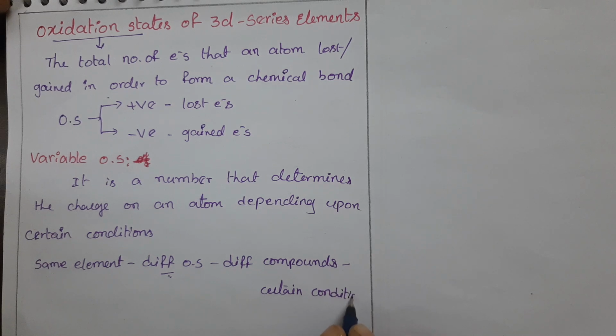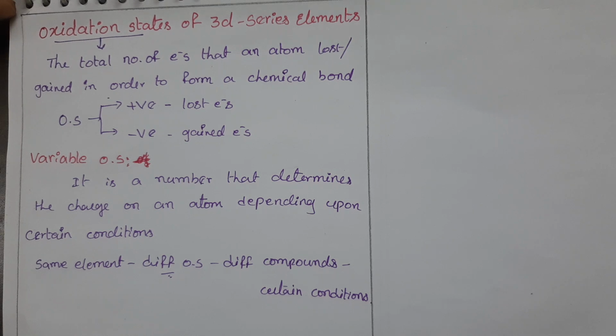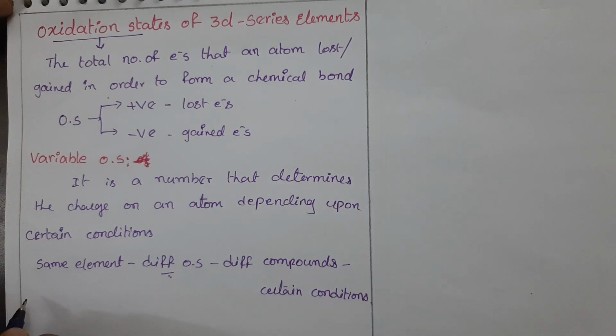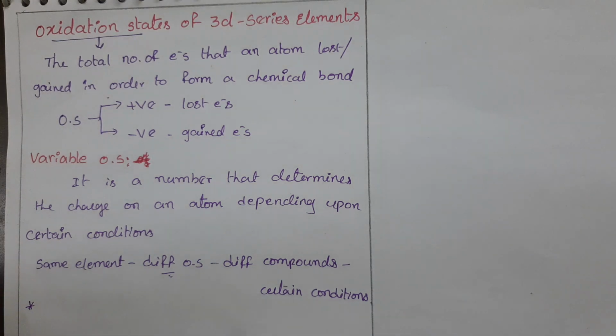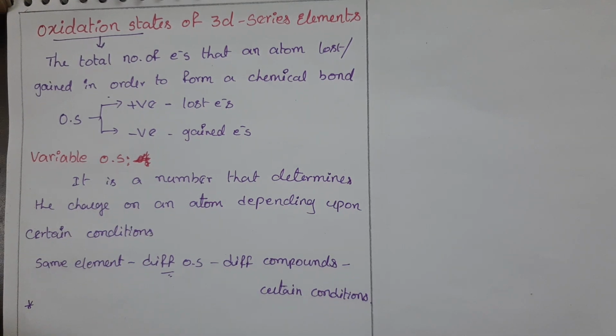That is called a variable oxidation state. It is the same element showing different oxidation states in different compounds under certain conditions. Depending upon the conditions, the element can change its oxidation state. That property is called the variable oxidation state.